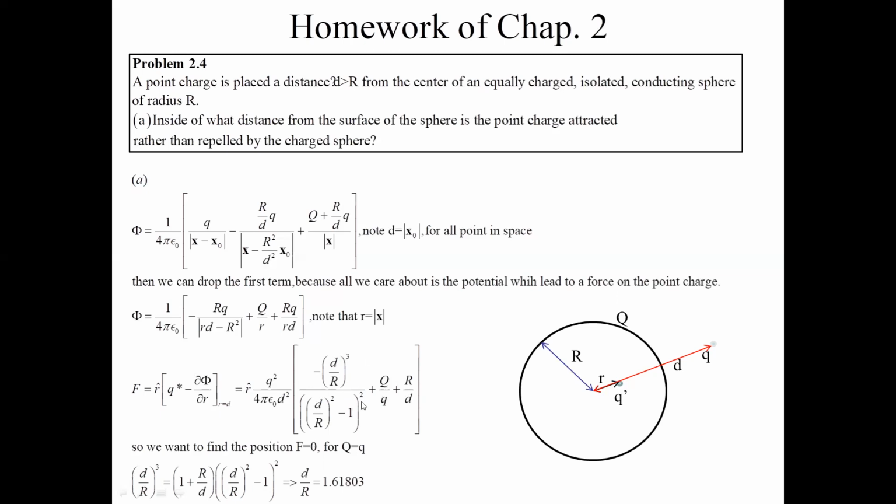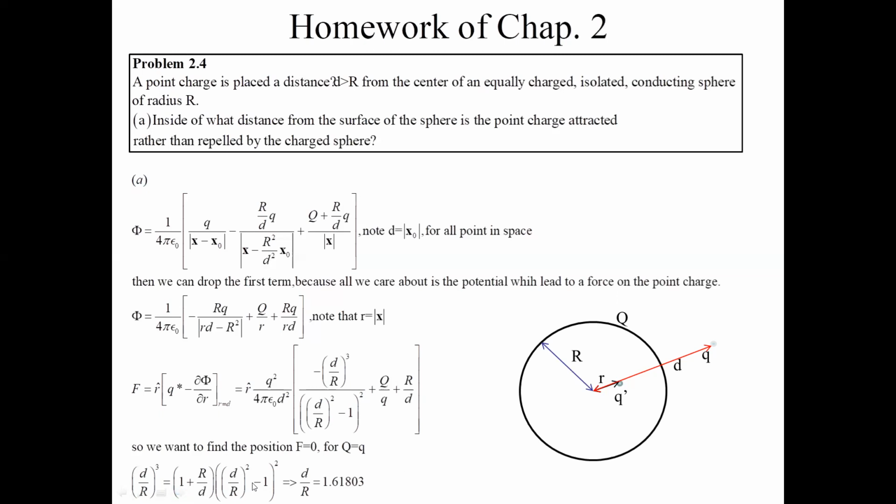If we want to calculate the position where the attractive force and the repulsive force are equal to each other, which means the total force F equals 0, and say the big Q on the surface is equal to the small q, the point charge, then this formula leads to this equation.